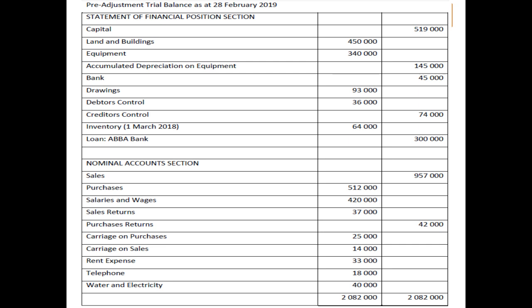So it means we must calculate cost of sales. So this is periodic. And at the same time, you can see they gave you things like purchases, meaning we need to use the periodic system. If they give us cost of sales as one of the accounts here, it means the system is perpetual.